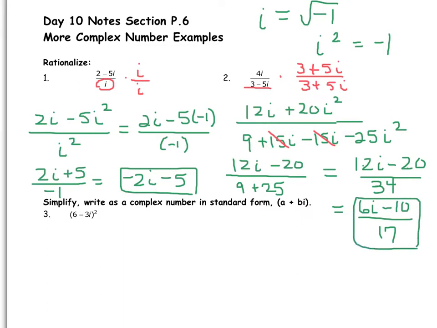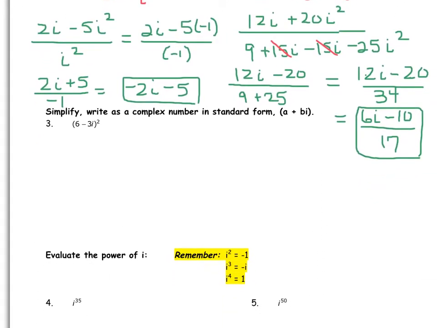In number 3, we're simply going to be squaring a binomial expression, except there's an i in it. So we're going to do as we do it with any binomial expression, and that would be to multiply it by itself. Don't make the mistake that a few of you have been making and trying to distribute that power through just to the 6 and the minus 3i. You've got to do the 4 multiplications.